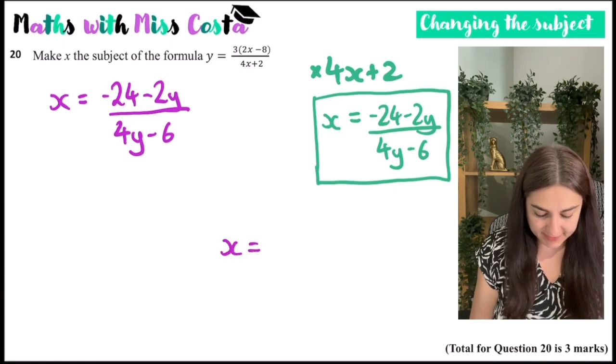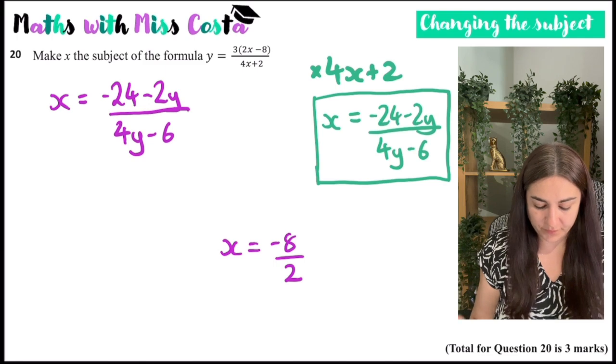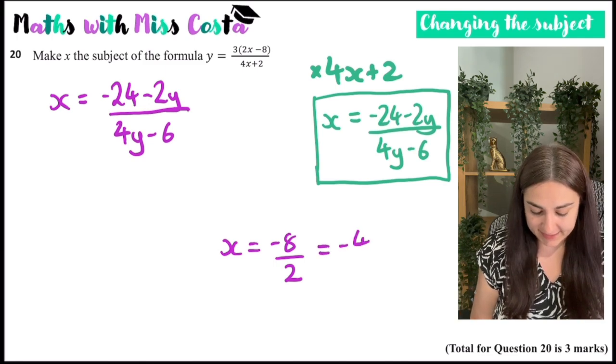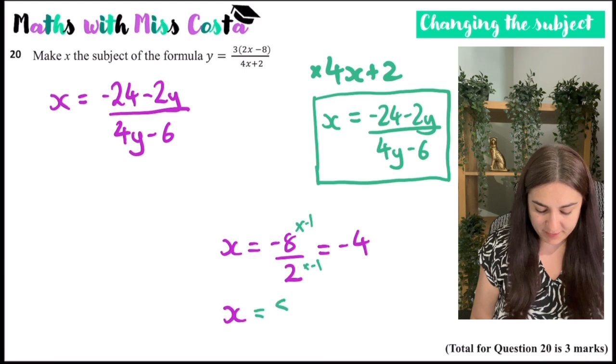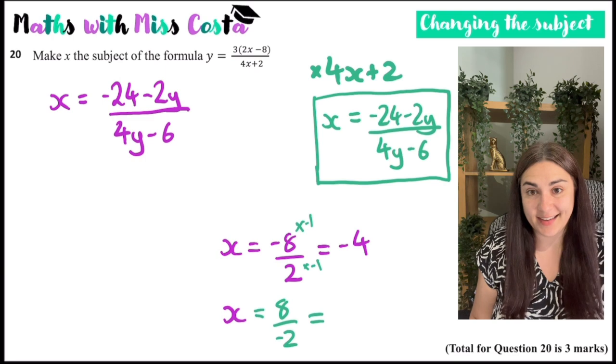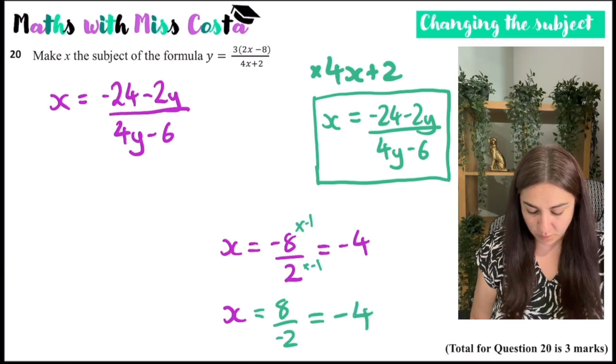So if, let's say, x was minus 8 over 2. What is my answer? Minus 8 divided by 2 is minus 4. Now, if I multiplied each part of the fraction by negative 1, I end up flipping it. So that would be 8 divided by minus 2. But that doesn't affect the end result because my end result is still minus 4.